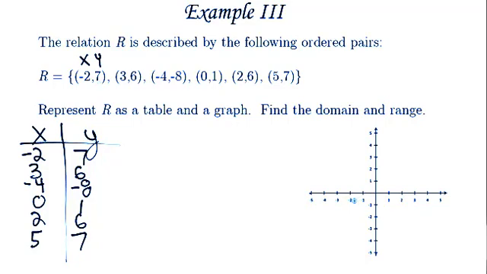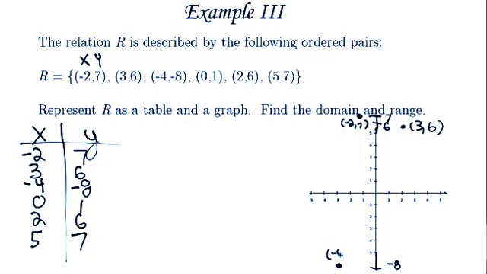Minus 2, 7, so minus 2, and then 7. So add on just a bit. That's my first point. Next point is 3, 6. So 3 on the x-axis and then 6 on the y-axis. Next, negative 4, negative 8. So we'll put negative 8 right there.